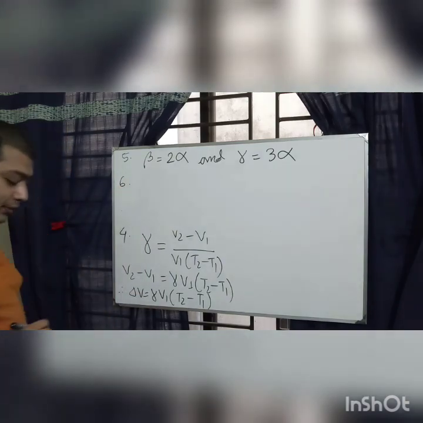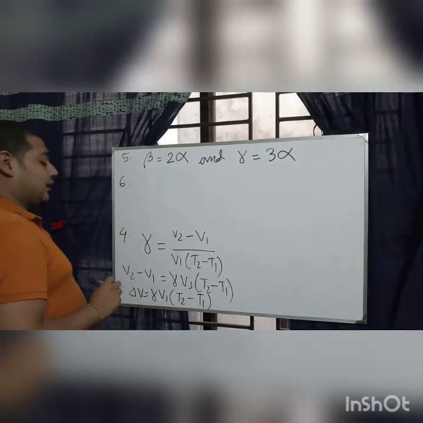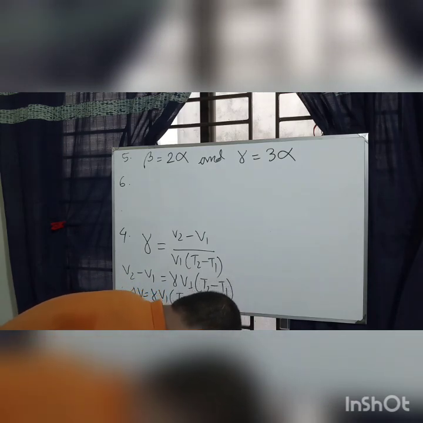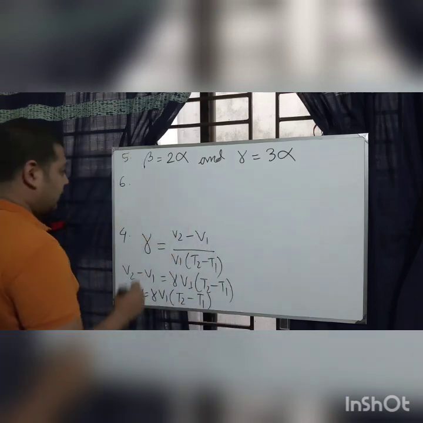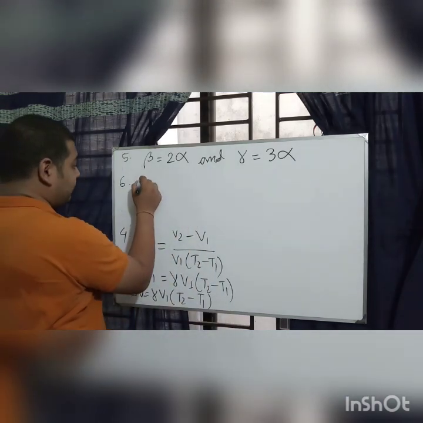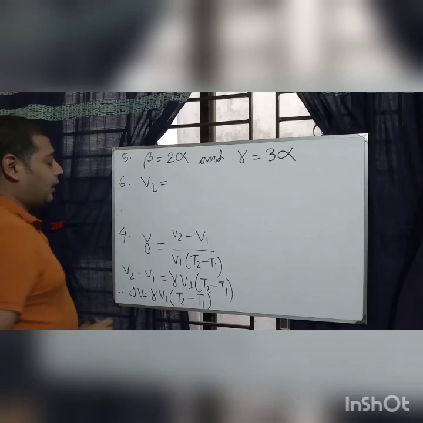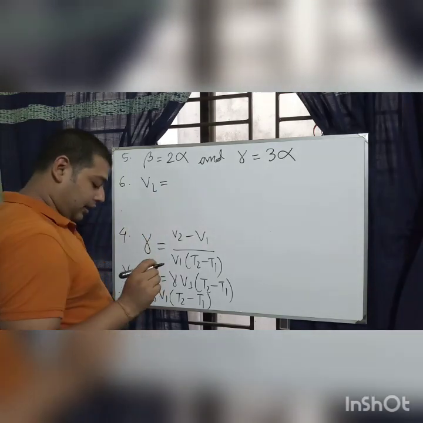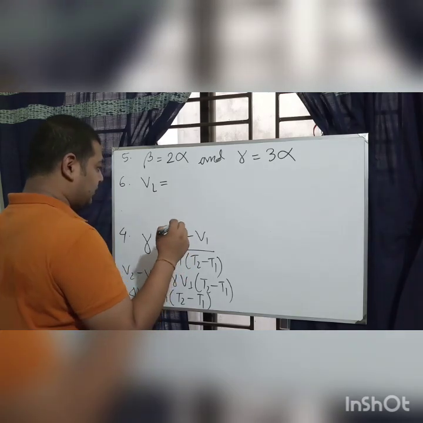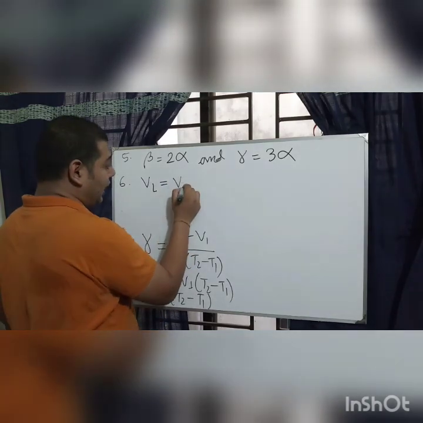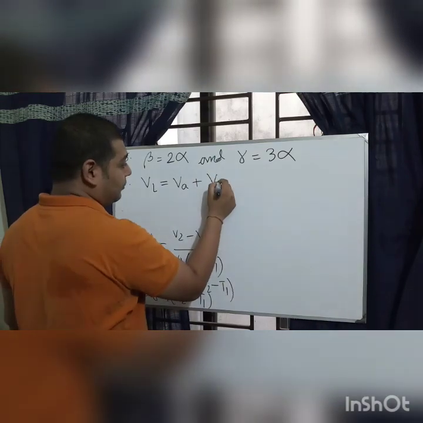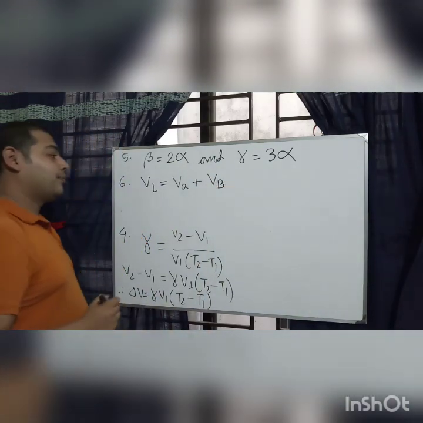Number 6 formula: real volume equals apparent volume plus volume of bulb.